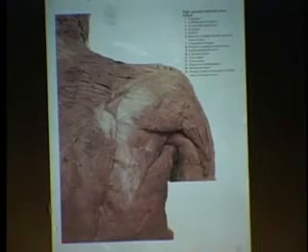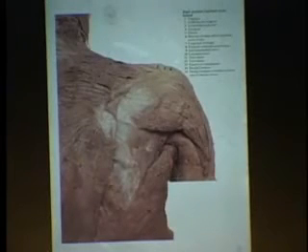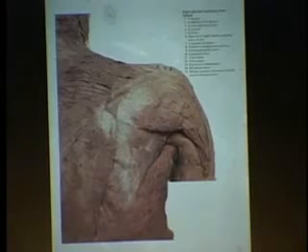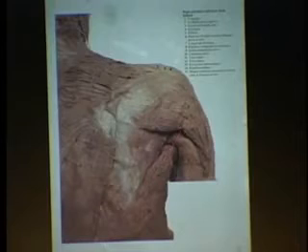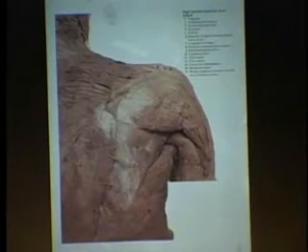Here we have the portion coming from the thoracic vertebra, coming up to insert. What big muscle is this coming in to insert on the humerus? Latissimus dorsi. What muscle is this? Deltoid. Easy because of its shape. Next one.